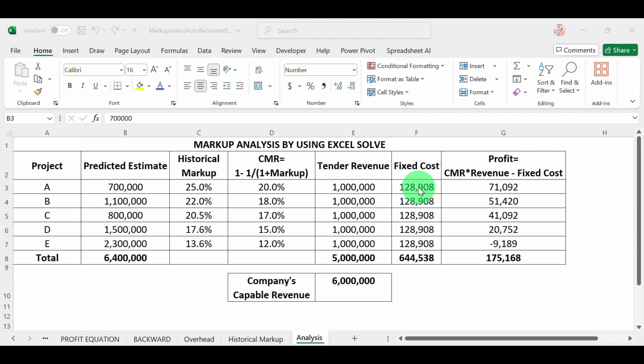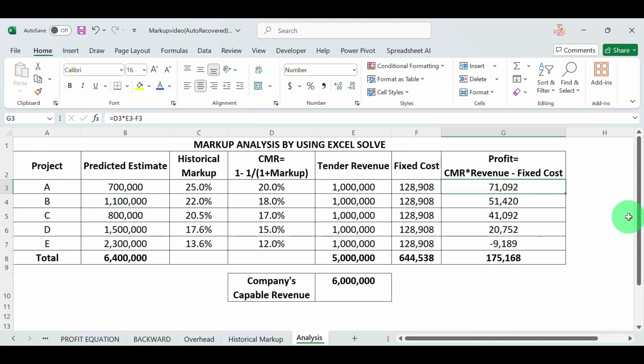And the fixed cost we get from the total fixed cost of the company, from our accounting department. And as usual, the profit equation is equal to contribution margin ratio times revenue minus fixed cost, which we already know.